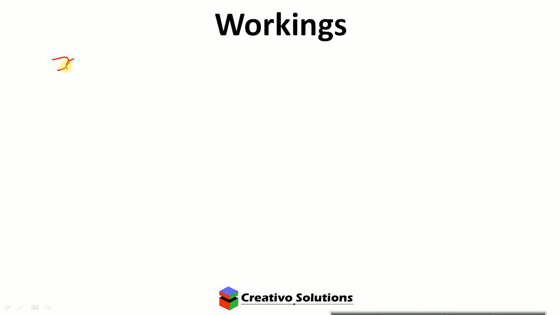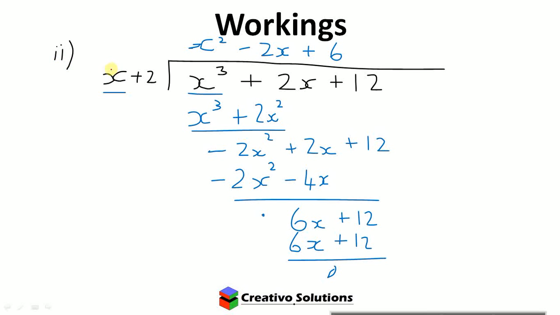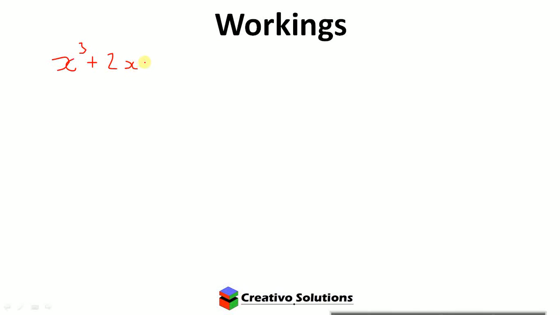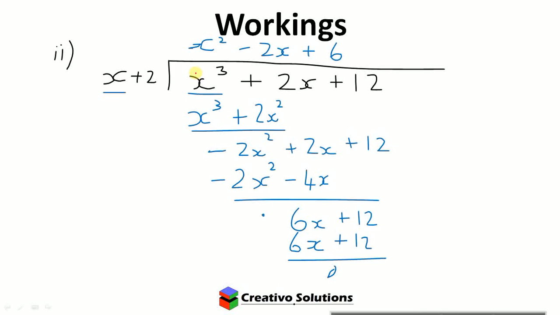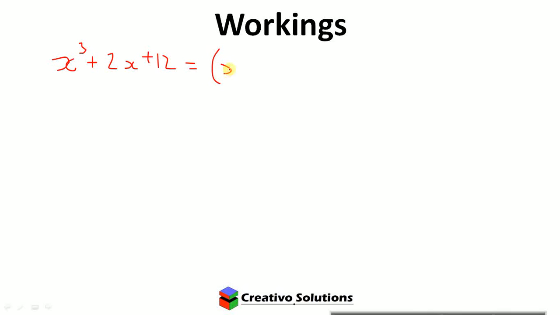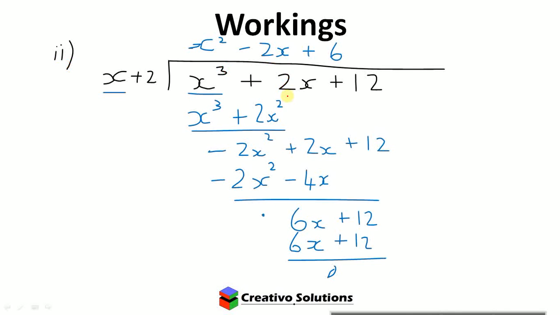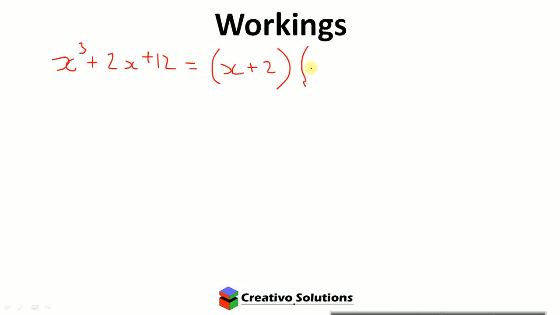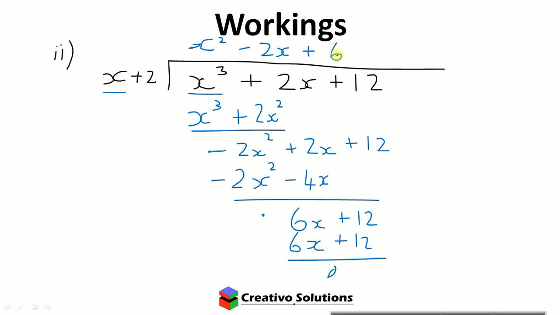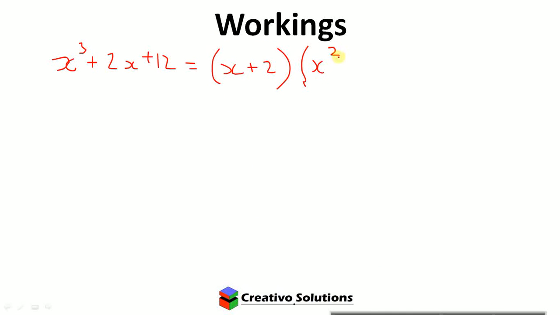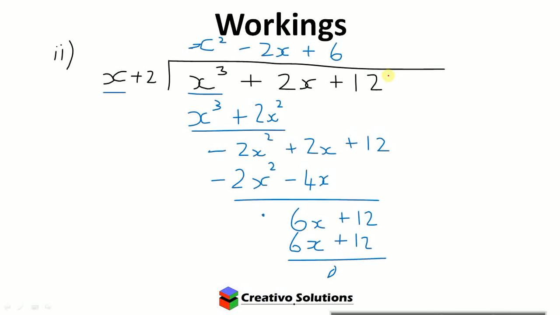X to the 3 plus 2x plus 12 equals x plus 2 times x squared minus 2x plus 6.